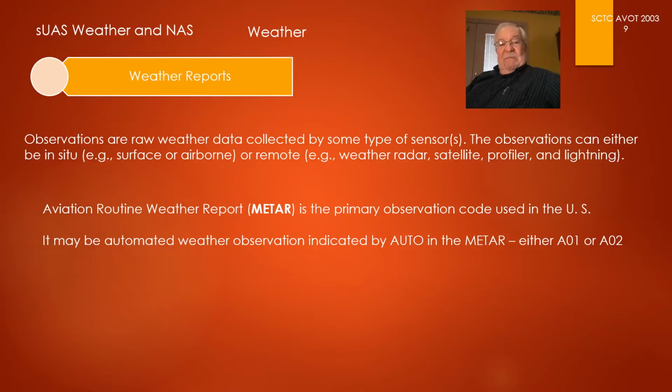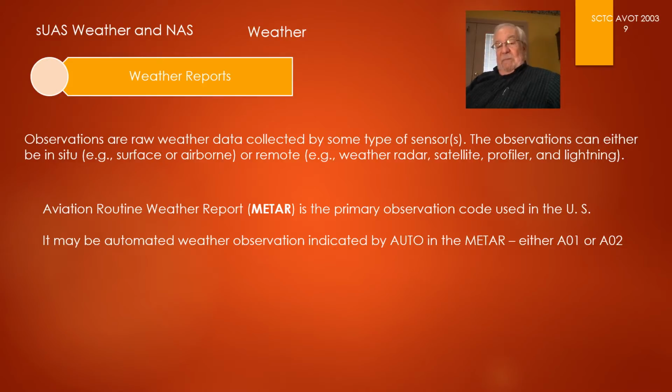Okay. Aviation routine weather reports, or METARs, is what they call them in short. It's the primary observation code used in the United States, and internationally as well. Generally speaking, like I said, it's mostly from an automated weather observation system. And that's why it'll say in a METAR, if it is from one of those, it'll have AUTO, just AUTO, in either A01 or A02.